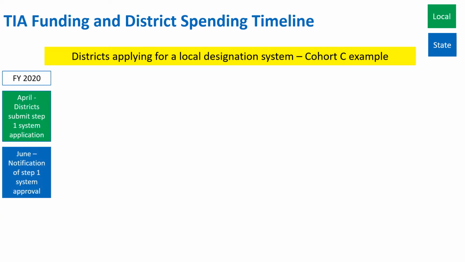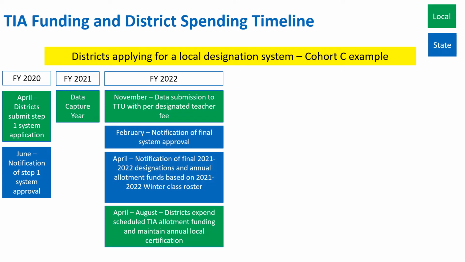For Cohort C district in FY 2020, they will have submitted and been approved of their Step 1 system application. In FY 2021, they will capture their teacher effectiveness data, which will include at minimum teacher observation and student growth data. In FY 2022, they will submit their data to Texas Tech University with a per designated teacher fee.